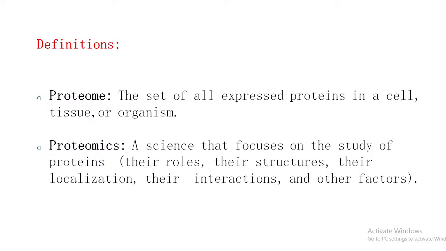Our body is made up of protein, lipid, carbohydrate, nucleic acid, but in all body, a set of protein means all proteins will be considered as a proteome. Okay. Now next, the proteomics. Proteomics is the study of proteins, means all the proteins present in a body. Okay, their roles, their structure, their localization, their interactions, and their factors. Okay, we will study under the proteomics.